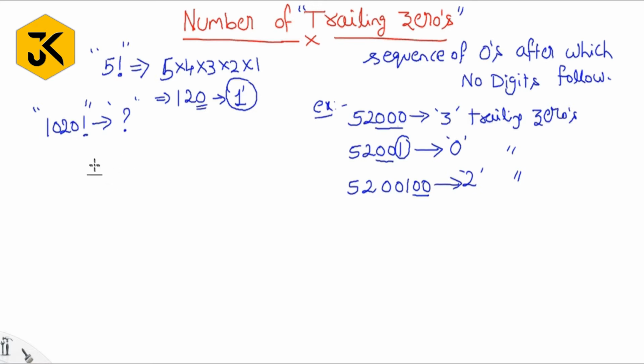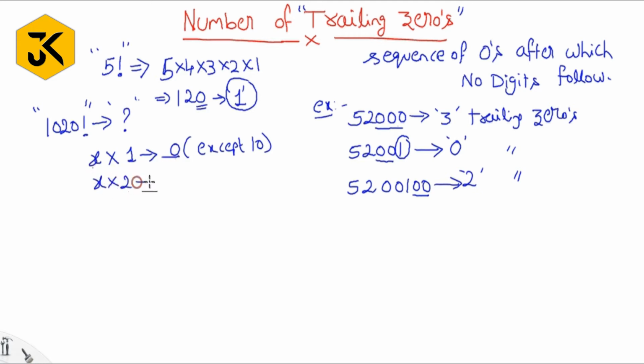Generally, for example, I have a number x multiplied with the number 1. Is there any possibility to get at least one trailing zero here? Except 10, for all the remaining values of x, you won't get 0.